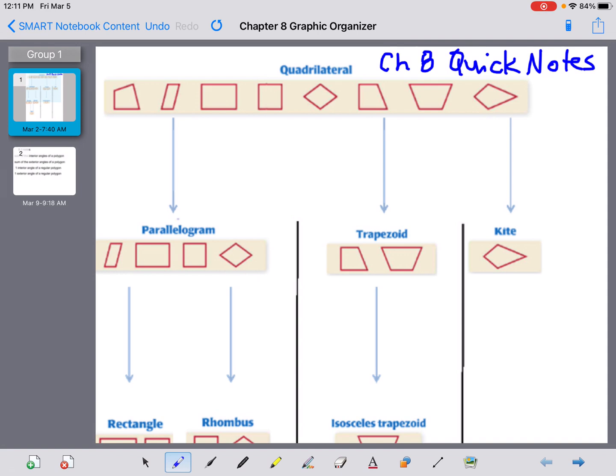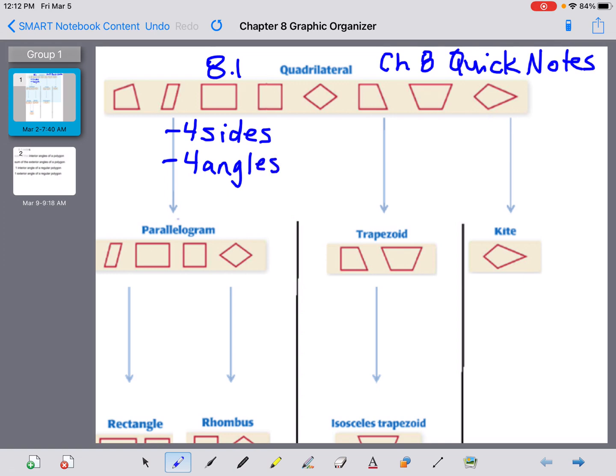Okay, so we started out in 8.1 with all polygons, but we learned some general rules of all quadrilaterals. One of these general rules that works for everything is they have four sides. That's a given that has to happen if it's a quadrilateral. With four sides, we know there are exactly four angles, and that's true for every quadrilateral.